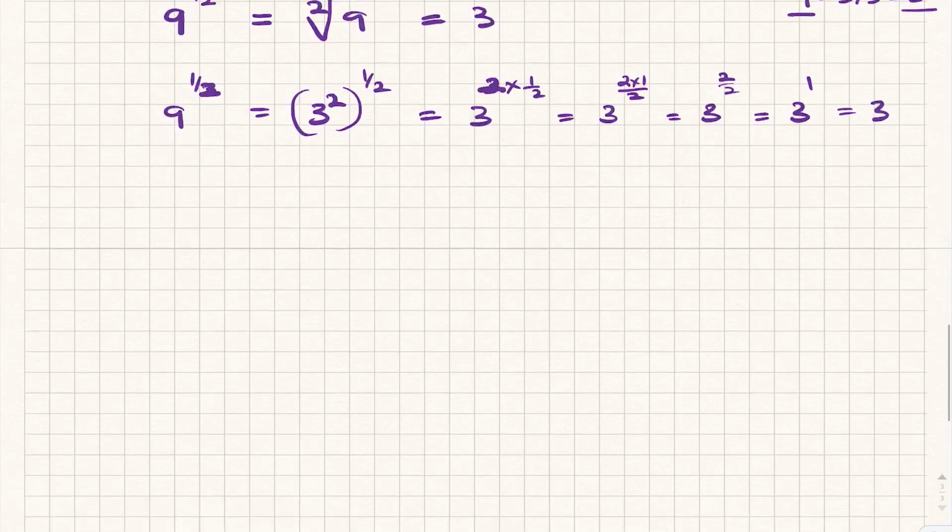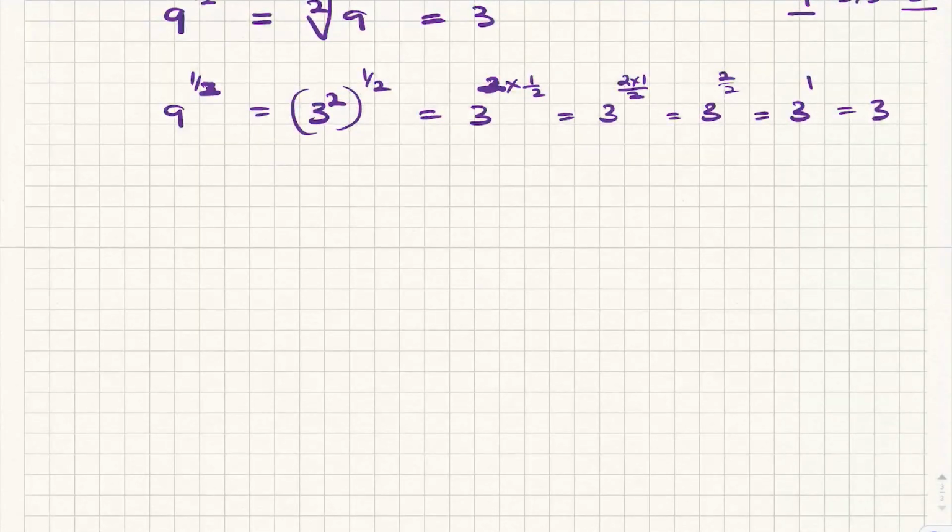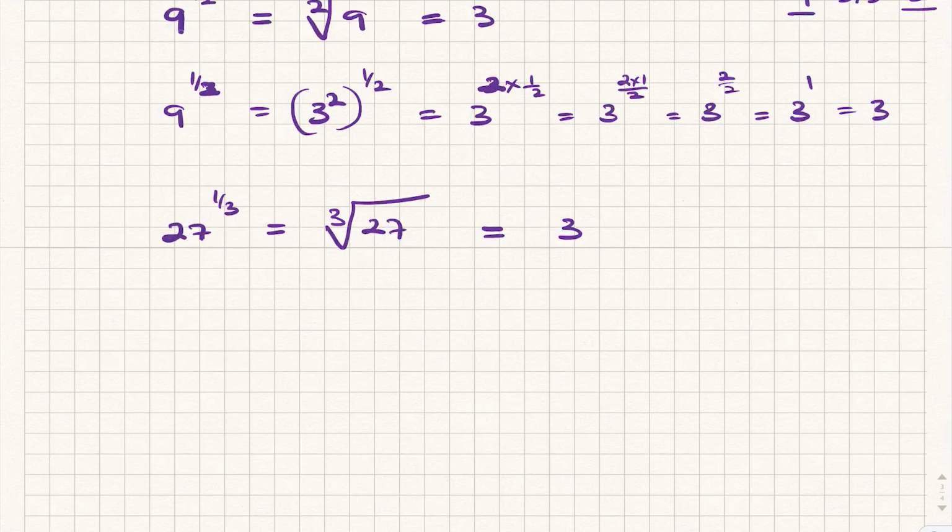Let's try another example. 27 to the power of 1/3 is basically the cube root of 27, and that becomes 3. But we can prove it if we want, because 27 equals 3 times 3 times 3, and that becomes 3 to the power of 3.